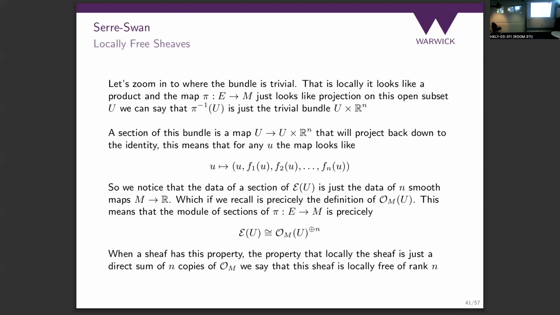So the corresponding sheaf of sections is just n copies of the original sheaf. If a sheaf has this property, we say that it's locally free and of rank n. I think possibly sometimes you need some coherence conditions, but that's too much effort to put into this talk, which is meant to be very, very basic.